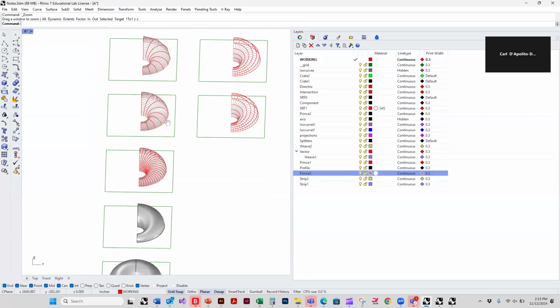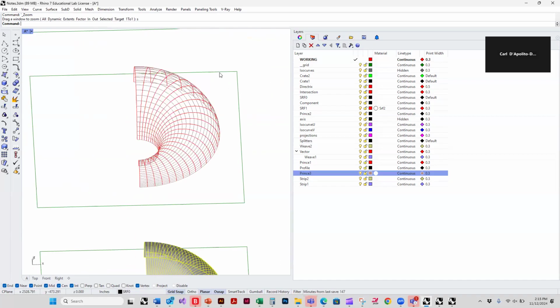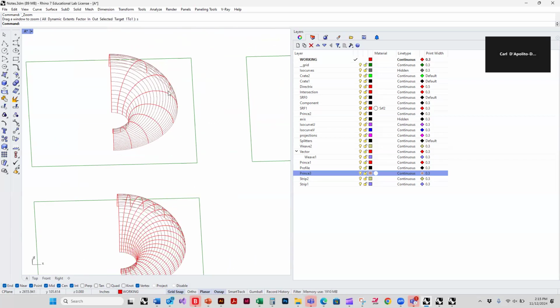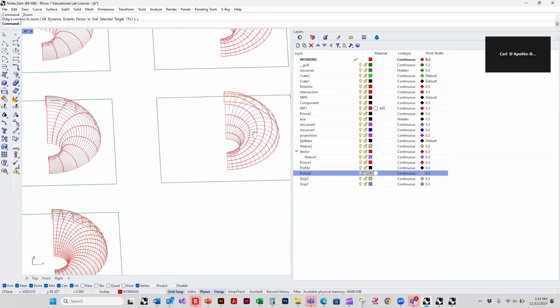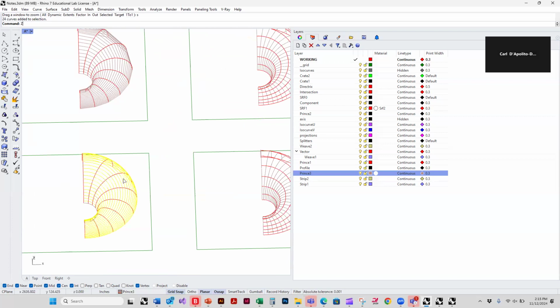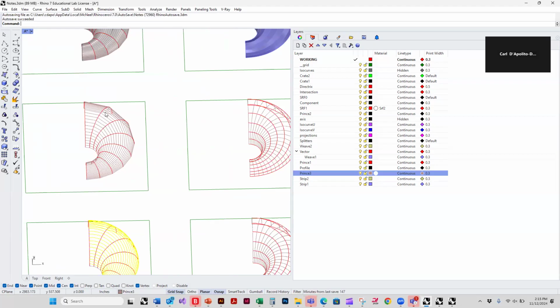In this example, what I always do is get the principal curvature lines in both directions, and then choose some that are going to be the major in one direction and some that are going to be the minor. Choose some in the other direction that are going to be the major and some that are going to be the minor. Then I split these into parts and lock them together.